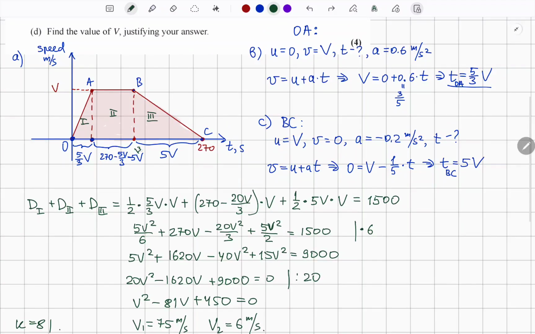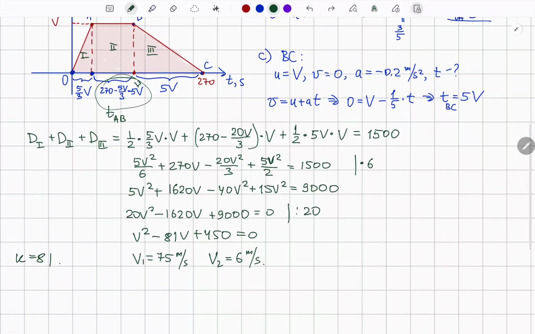So let's take a look at this point. This is the t of the AB period. It's the time she maintains the constant speed of v.